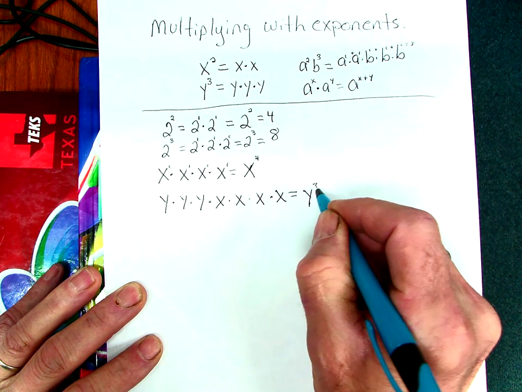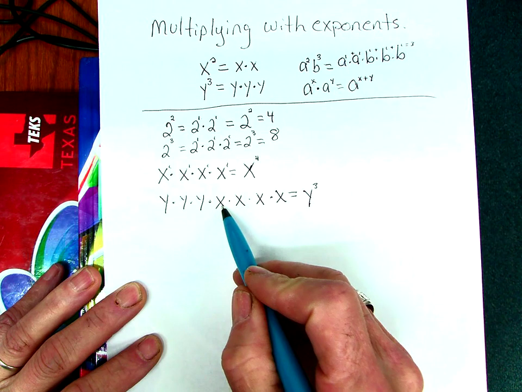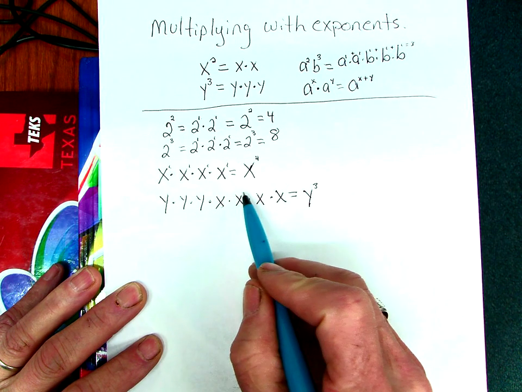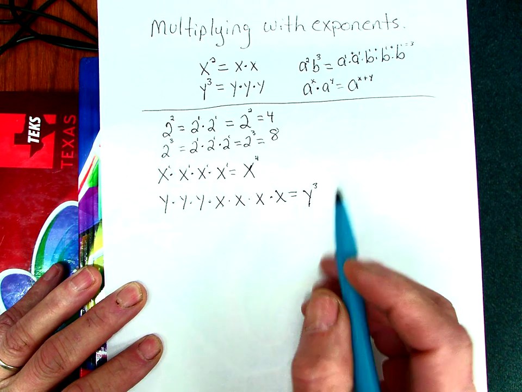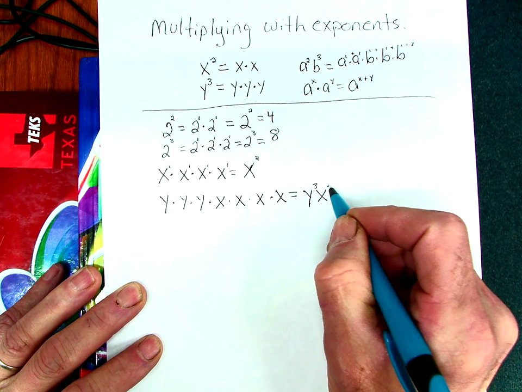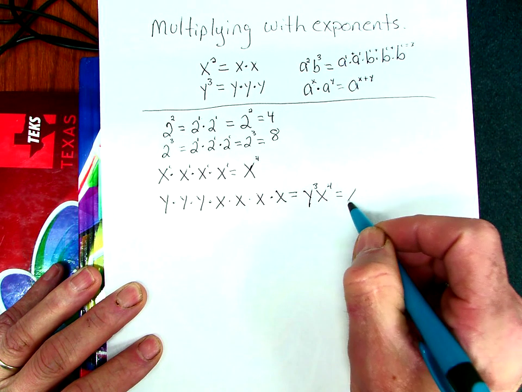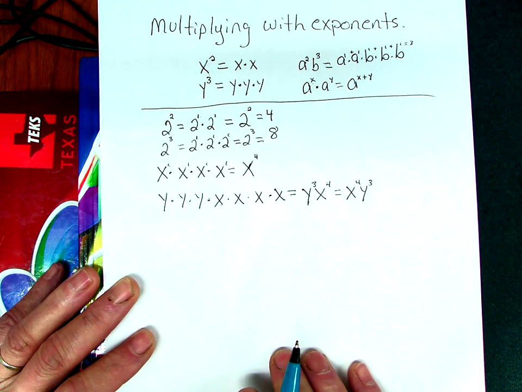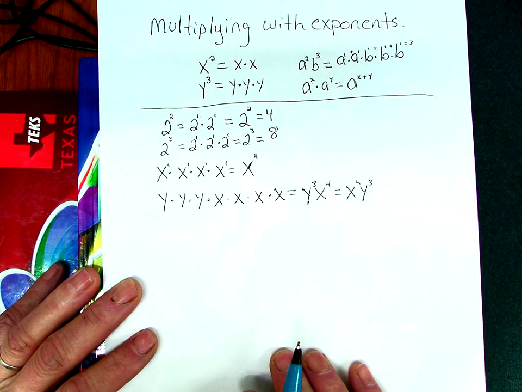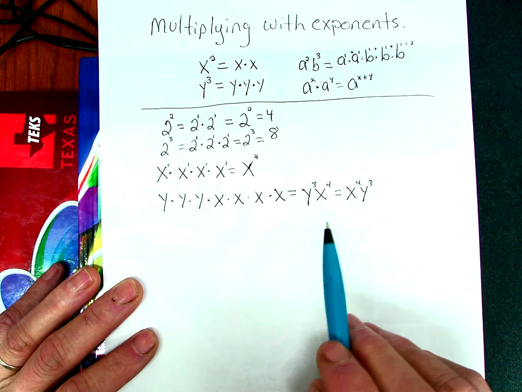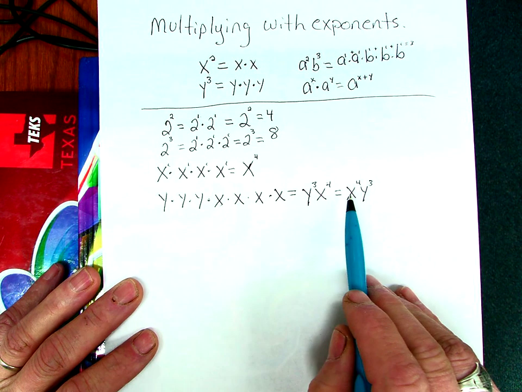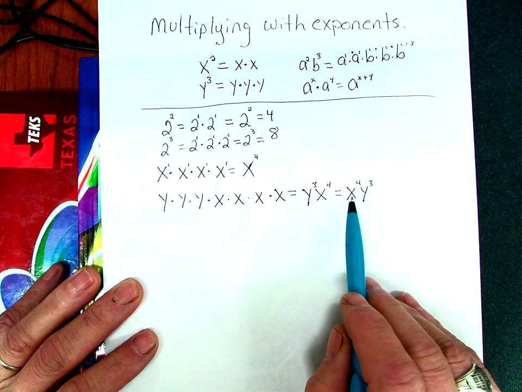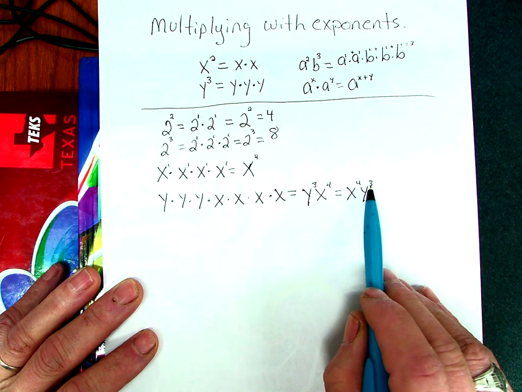Y's to the third power. For the x's, there are 1, 2, 3, 4. Power of 1, power of 1, power of 1, power of 1. X to the fourth power. And then I put it in the proper order. X comes before Y in the alphabet. And there we go. So a variable with an exponent is just telling us how many of those particular variables we have being multiplied together. 4 x's, 3 y's.